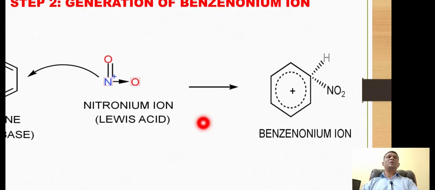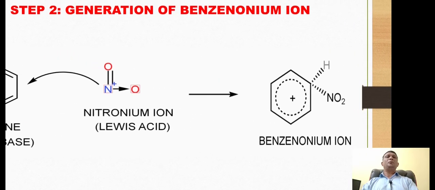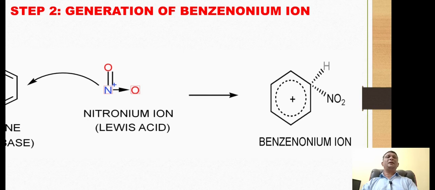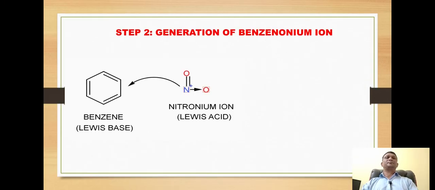So this nitronium ion attacks the benzene ring, and this attack generates an intermediate species which is called the benzenonium ion. Dear students, in benzene 6 carbons are attached to 6 hydrogens. So when the nitronium ion is forming a bond with the carbon of the benzene, the carbon to hydrogen bond is going to be broken.